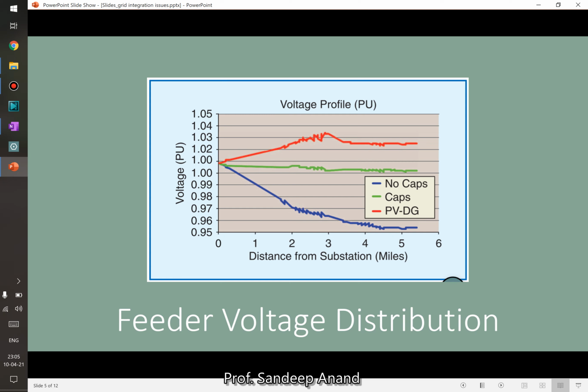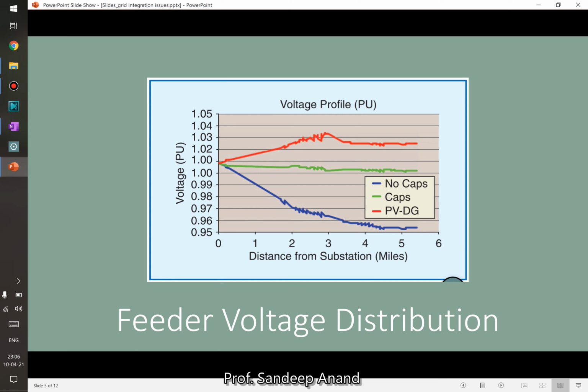But now if we have PV also in the picture, and imagine the scenario where the net power is negative. That means this feeder is exporting power. In that case, if the solar photovoltaic is, let's say, distributed into multiple buses in the feeder, then the total power is going out, and therefore the voltage at the farther end of the feeder will start going up as compared to the substation.